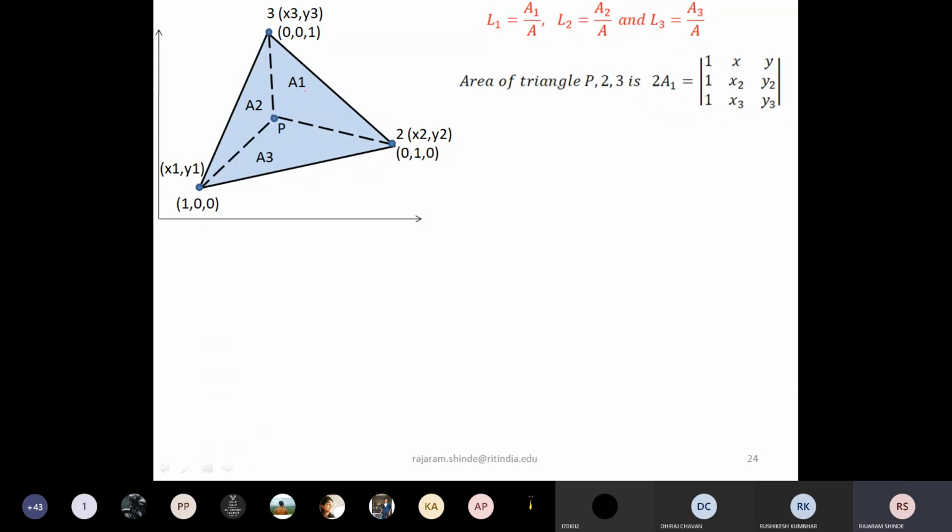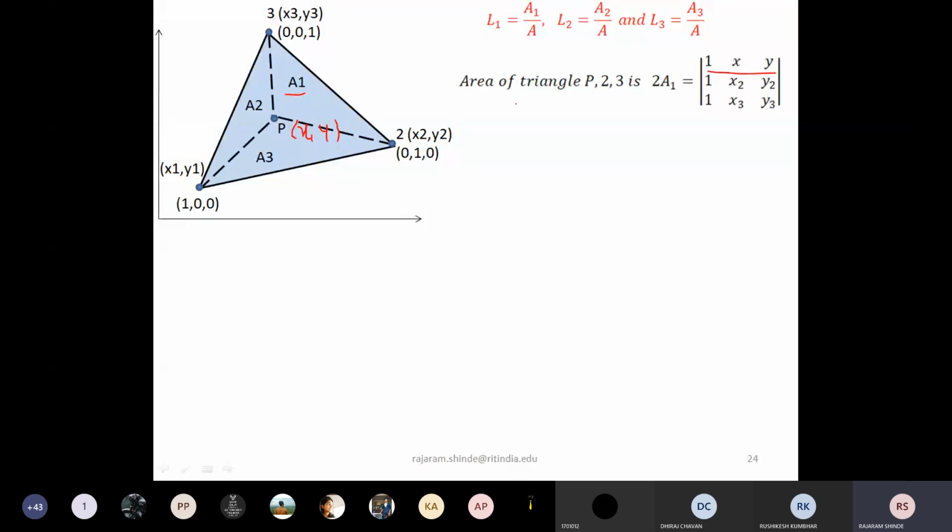See here, 2A1. The coordinates of P are X, Y, so your first row is 1, X, Y. The second point is node number 2 with coordinates X2, Y2, so the second row is 1, X2, Y2. The third is 1, X3, Y3.